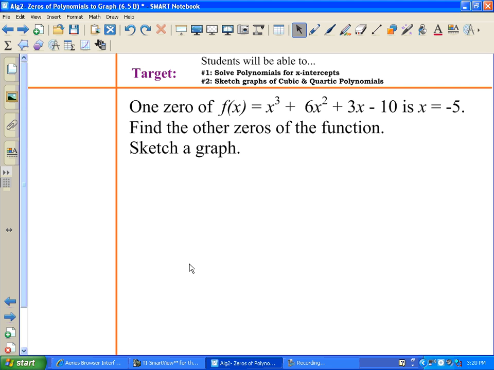This is the last problem we are going to do here. Once again, it's just putting it all together. We're going to look at the function f of x equals x cubed plus 6x squared plus 3x minus 10. And I've given you another 0 here. It's x equals -5. Putting it all together is what we want to do.